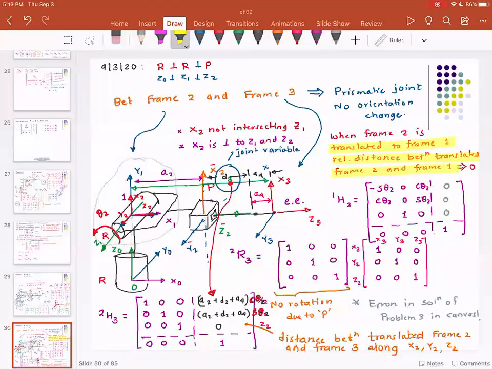What that means is, if at that point the prismatic joint extends, which means you have some non-zero D3, you are going to have a component of D3 along X1 and a component of D3 along Y1. That is the reason why you will have to take A2 plus A4 plus D3 together.